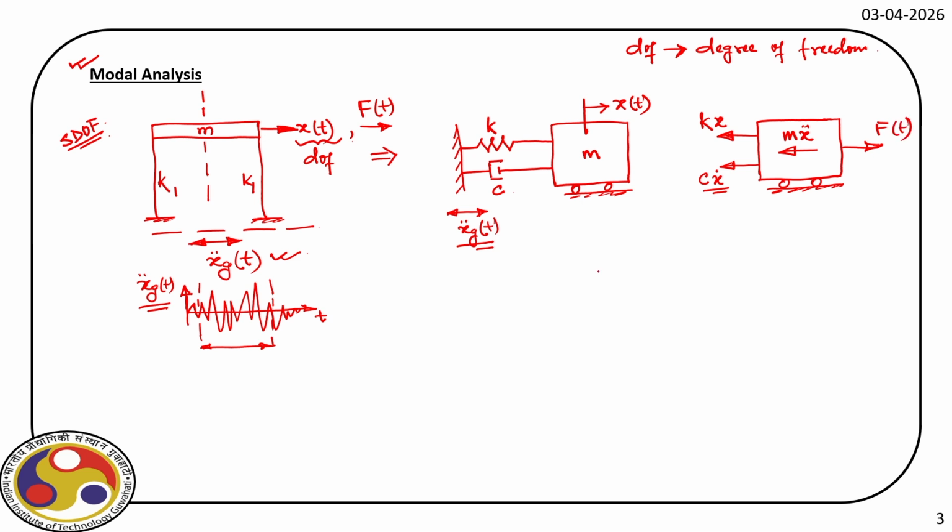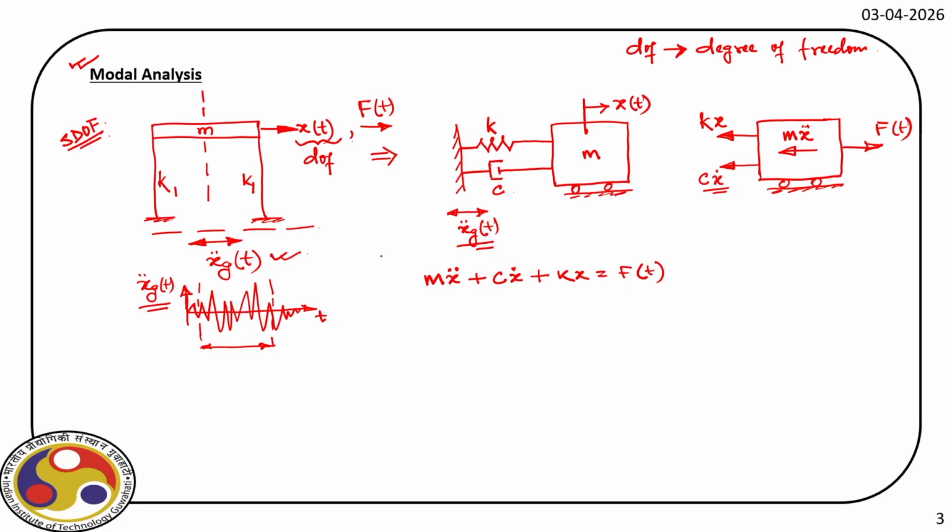Right. Now we can write down the equation of motion, because this system of forces will be in equilibrium. So sum of all the forces equal to 0 will provide us the equation of motion, and that is m x double dot plus c x dot plus k x is equal to F of t.